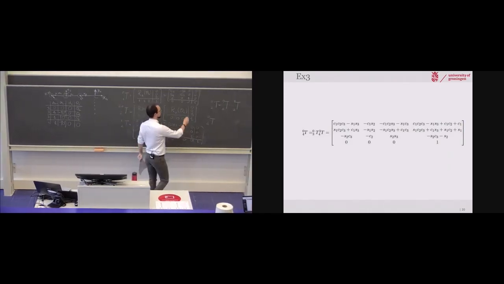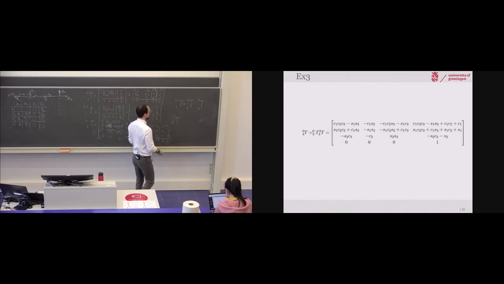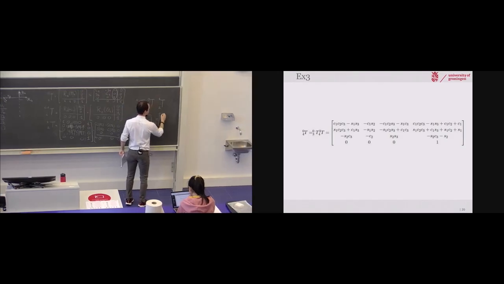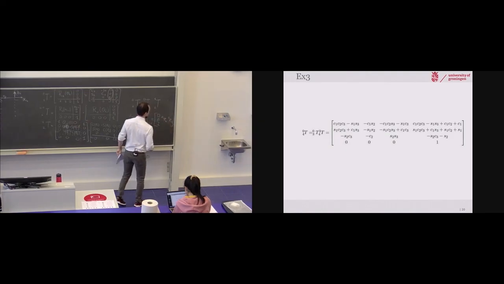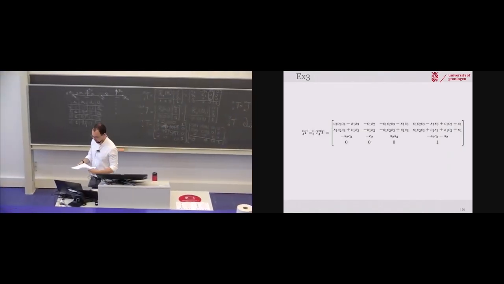In this case, for example, it is 0, 0, 1. So we already know that J omega has as first column 0, 0, 1. Okay, and here there is Z2 in frame 0 and Z3 still in frame 0. Okay, and this is how you compute the Jacobian associated to the angular velocity.